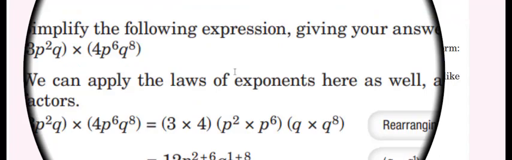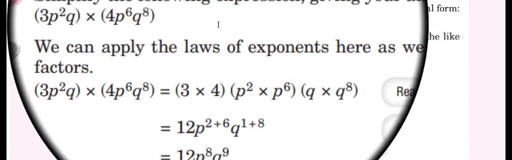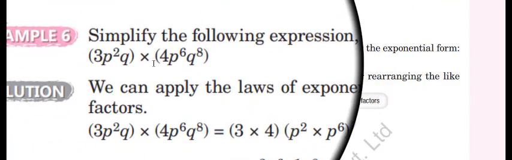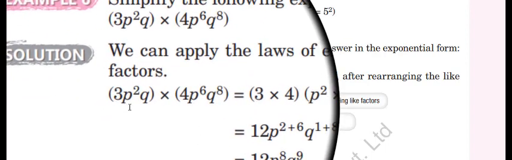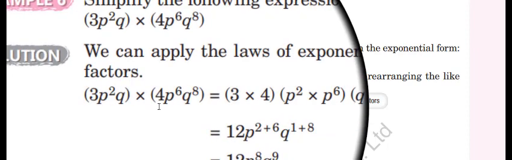So now come to example number 6. Simplify the following expression and give your answer in the exponential form. Here, this is the expression they had given. First of all, we'll take all the numbers together, rearranging the like factors.